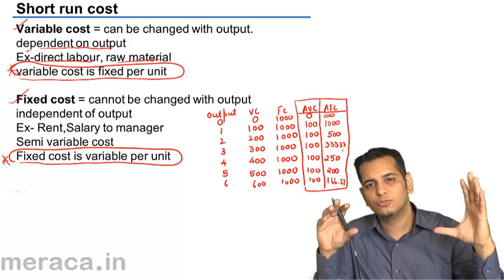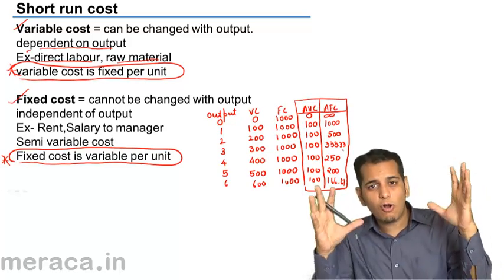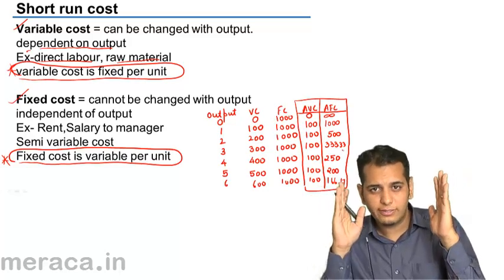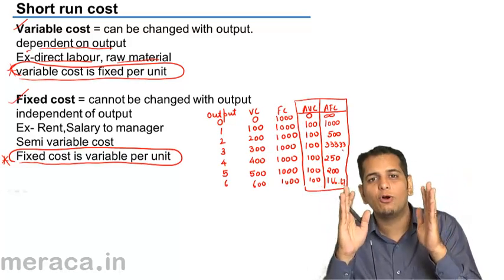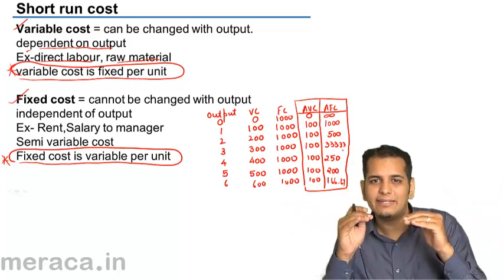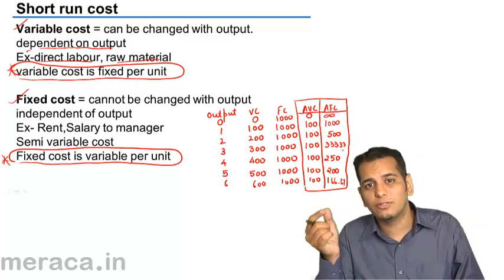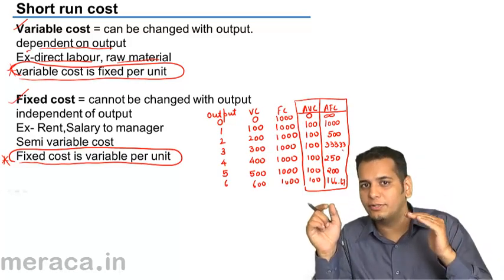As the output goes on increasing, the fixed cost tends to come down because the total cost is fixed. So if I go on increasing the number of units, that much cost will get divided into that many number of units. So per unit cost will go on reducing.